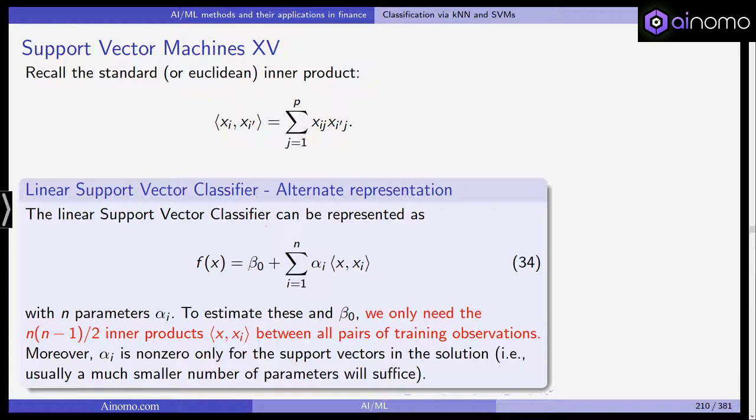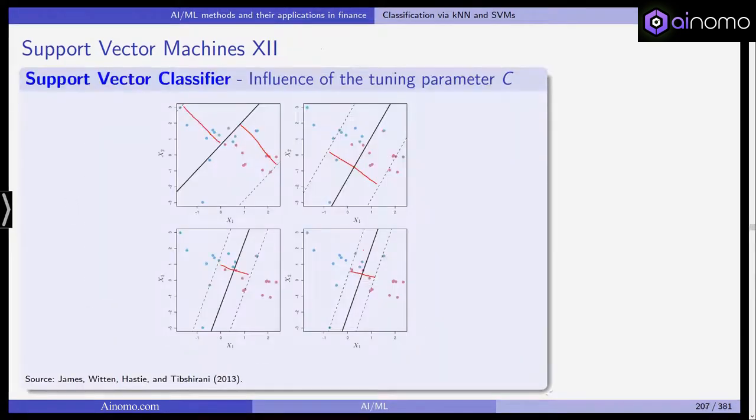It's just a different way of showing what the support vector classifier looks like, with n parameters alpha i. The hyperplane is given by beta 0 plus the sum of parameters alpha i times the inner products of x and xi. So we can use this representation.